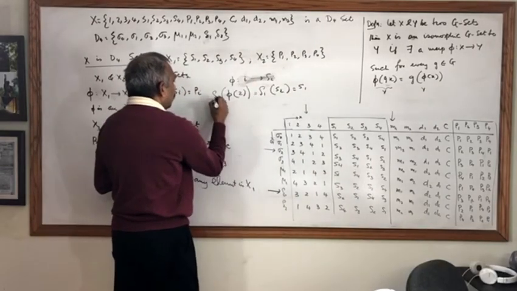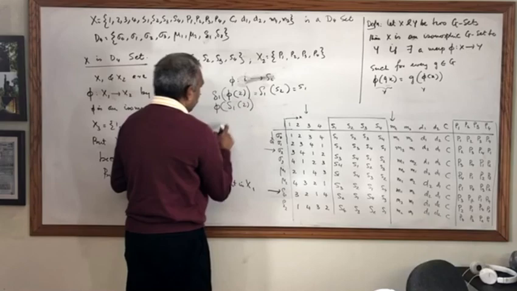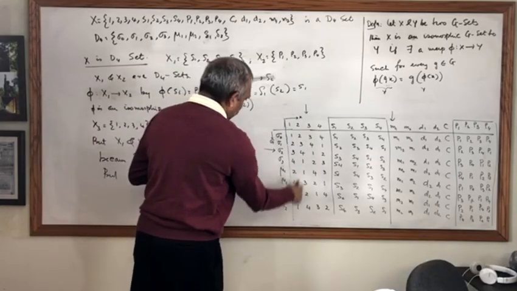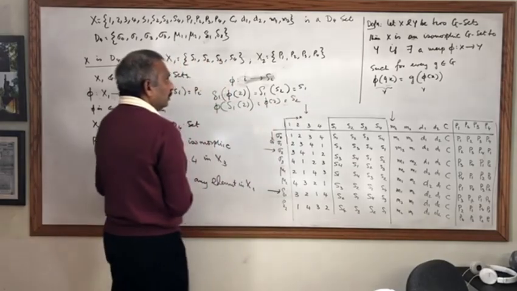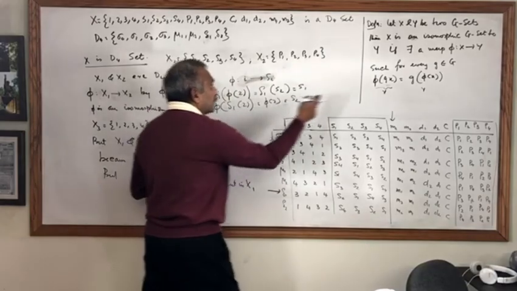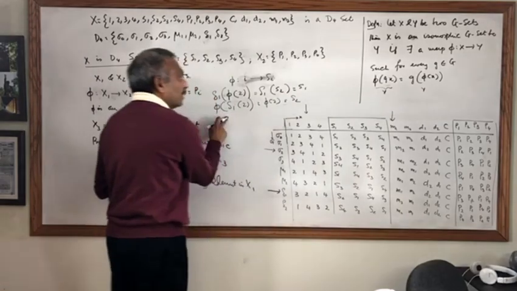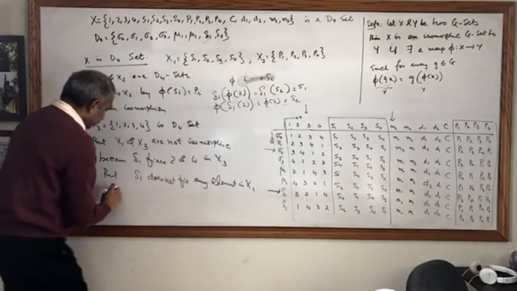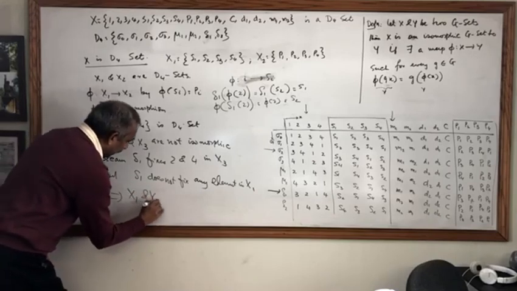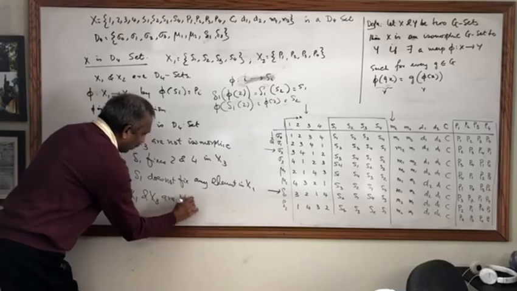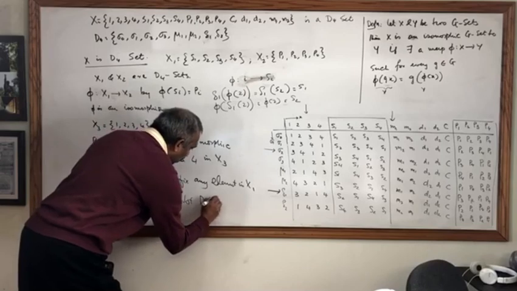So the definition of isomorphism doesn't hold good here. So that means X1 and X3 are not D4 set isomorphic.